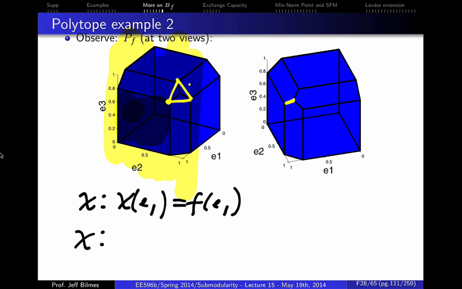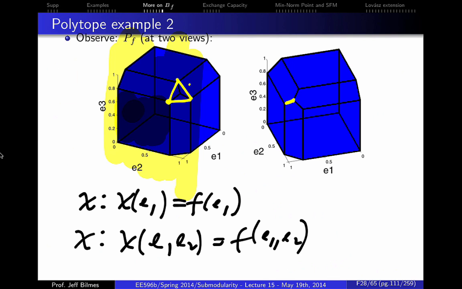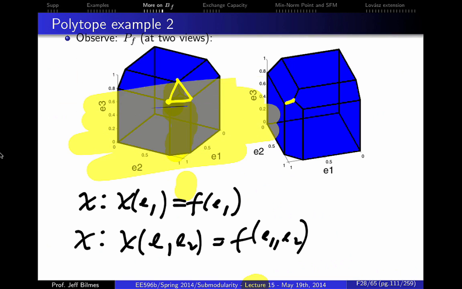I think he was just asking about x, y, y, z, and x, z. Yes, that's what I was about to do. So if we take x of, say, E1, E2 is equal to f of E1, E2. Which one is that going to be? That's going to be this one. Extending it, it's going to be this way.